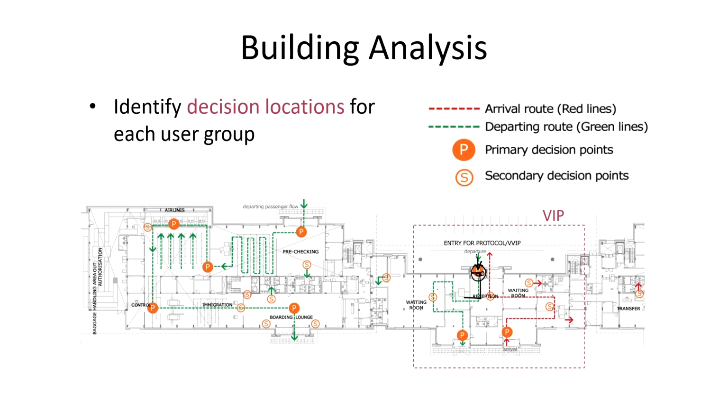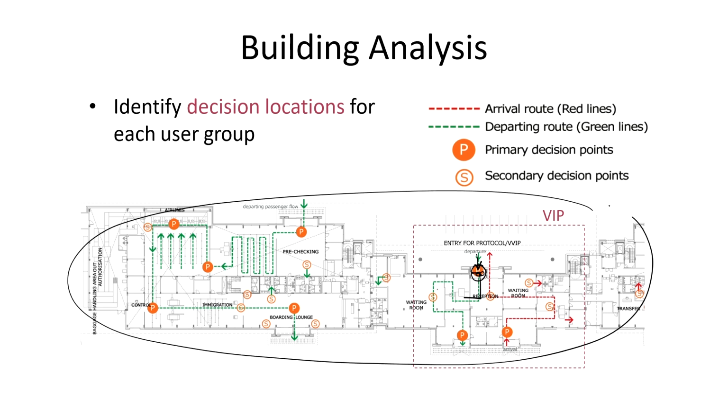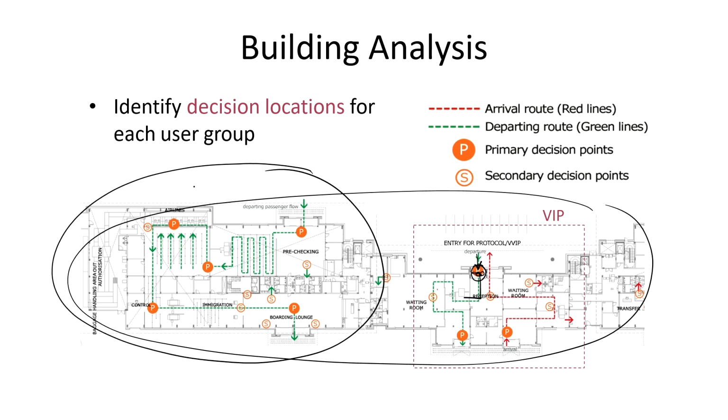Now, upon carefully examining the plan, it becomes evident that it depicts the layout of an airport building. If you see the plan, this one, this is half part of the airport building, which has the departure area this side and the VIP arrival and departure area this side.